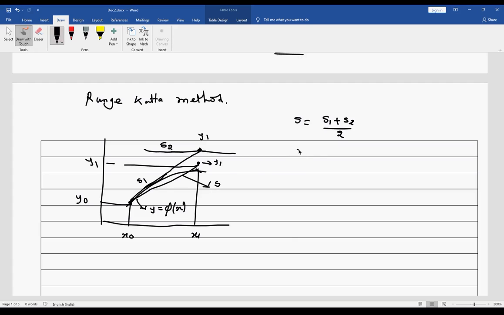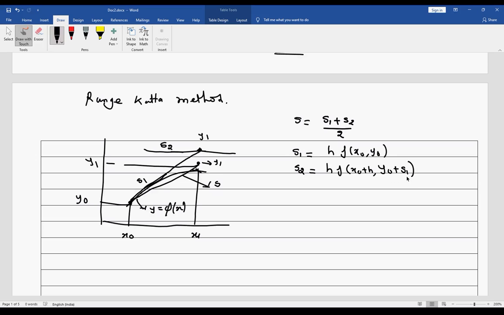So I could write S1 as the equivalent slope, h of f of x0, y0. Okay, and slope S2 is at another point, so I can write h into f of x0 plus h and y0 plus S1.